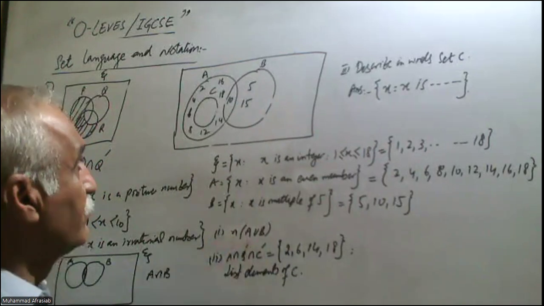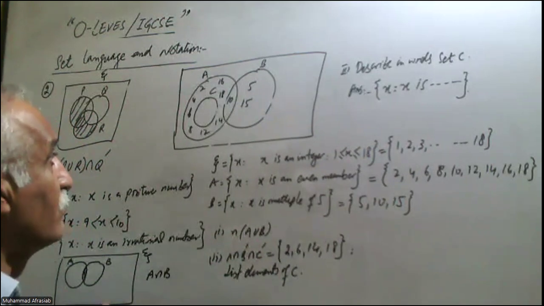Now A union B. That means we are going to combine these two sets.